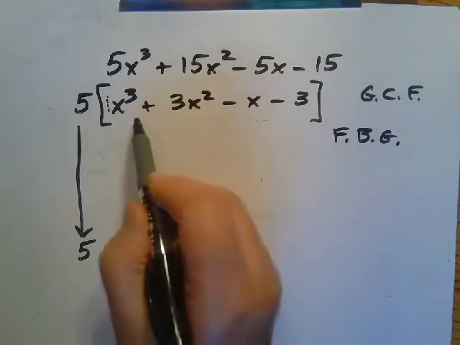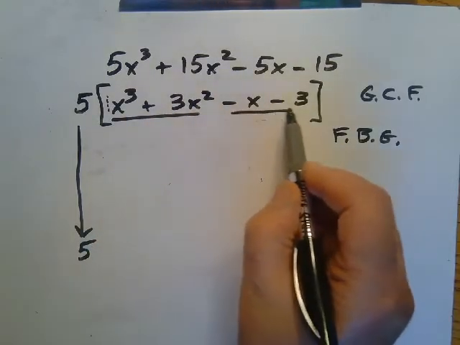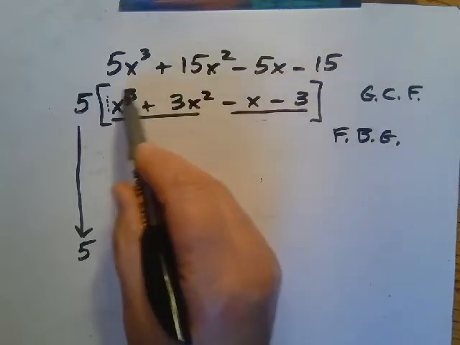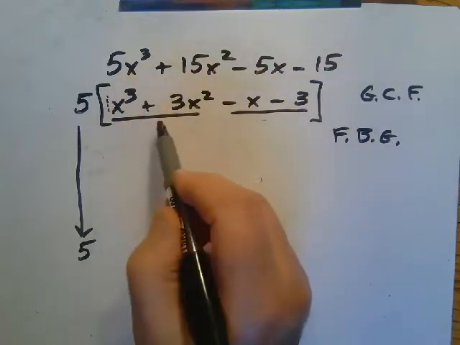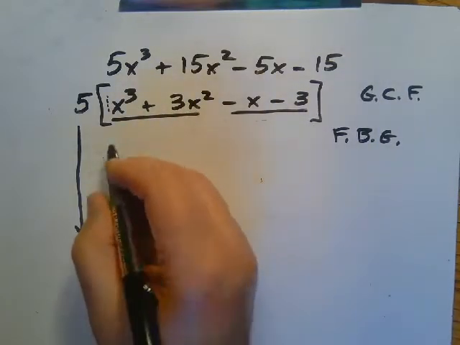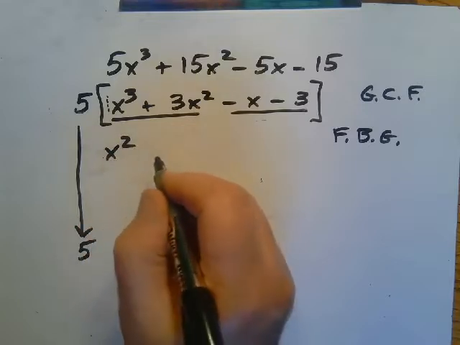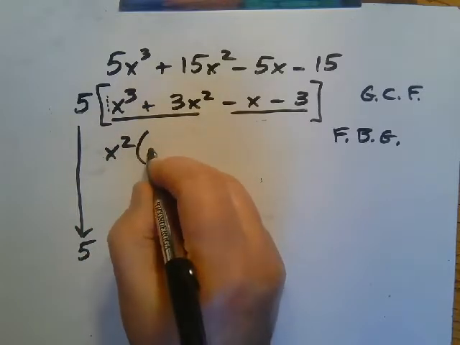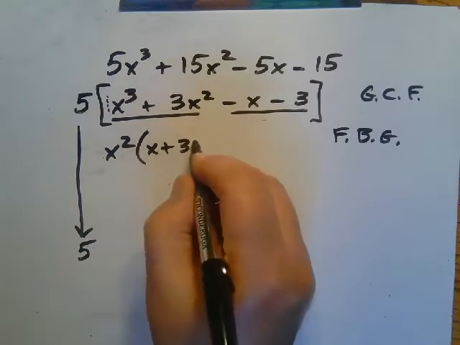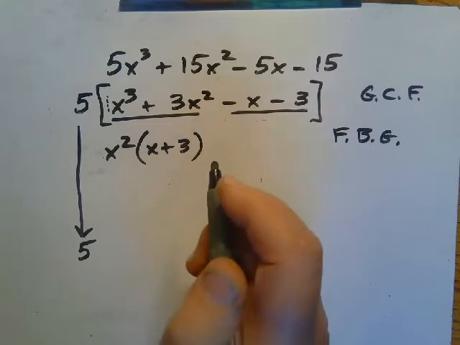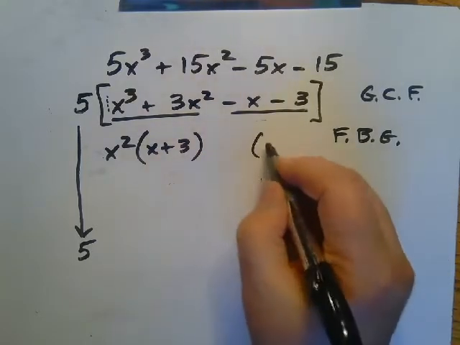So to factor by grouping, we're going to underline the 2 groups. And we're going to take something out of this group. What comes out of it? Well, I can take out an x squared out of this group. And that leaves me with x plus 3. Copy the leftovers over here.